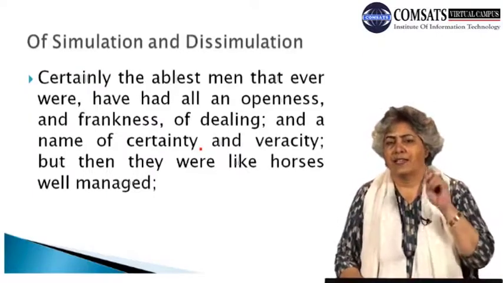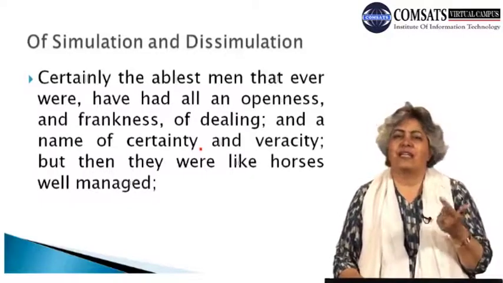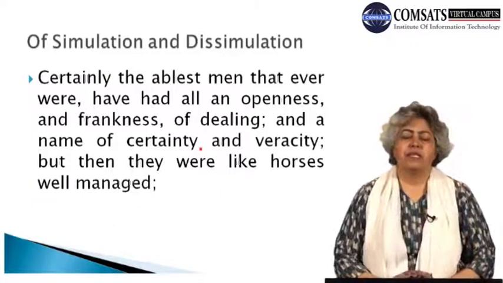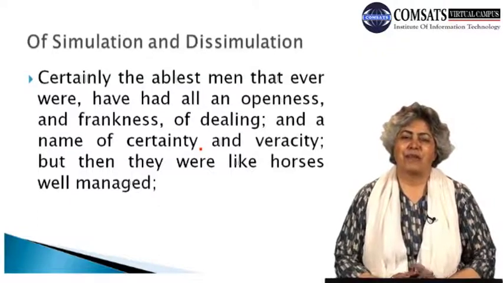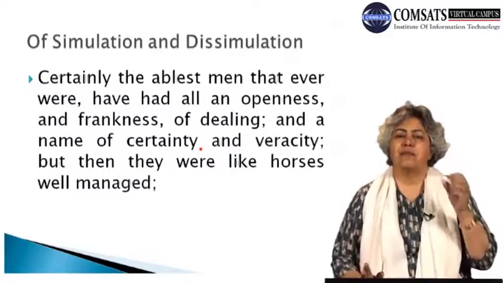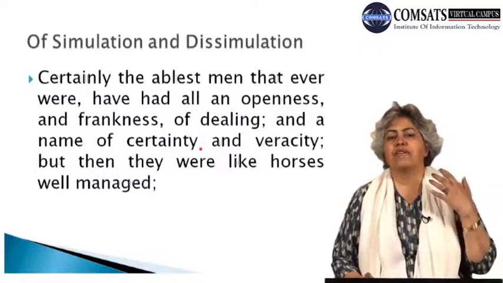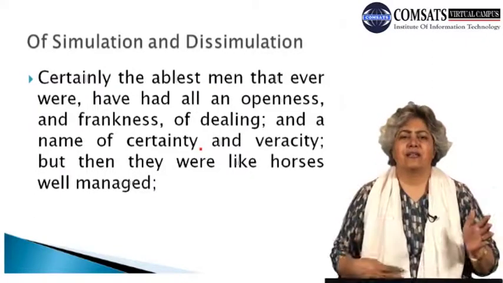Now this is Bacon's opinion. You might have a different opinion, I might have a different opinion. So the example that he gives is that of horses well managed. But we'll come to that in a bit. So what he's talking about is that the ablest men, the best statesmen, are those who have been truthful and frank. They're not afraid.